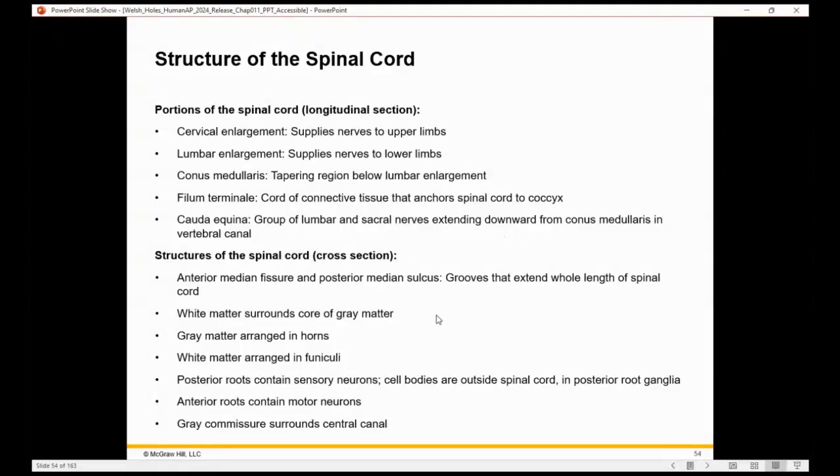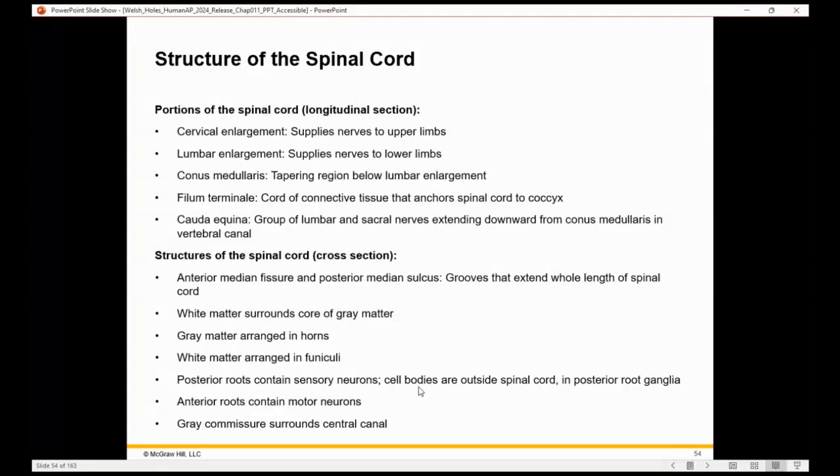in the vertebral canal. In cross-section, the structure of the spinal cord shows an anterior median fissure and posterior median sulcus, which are grooves that extend the whole length of the spinal cord. White matter surrounds a core of gray matter. Gray matter is arranged in horns, and white matter is arranged in funiculi, or columns.